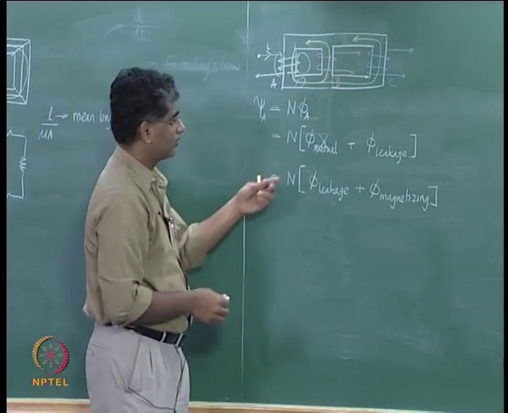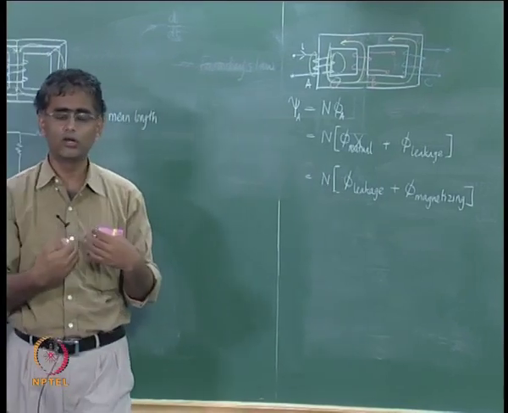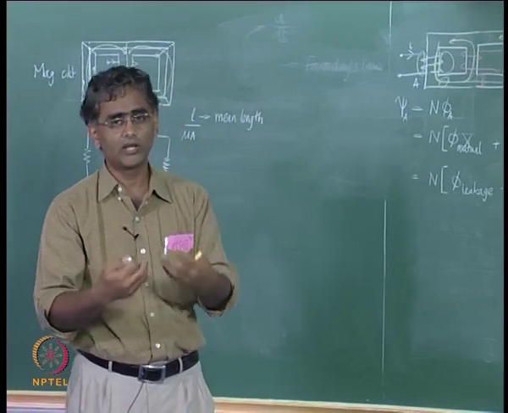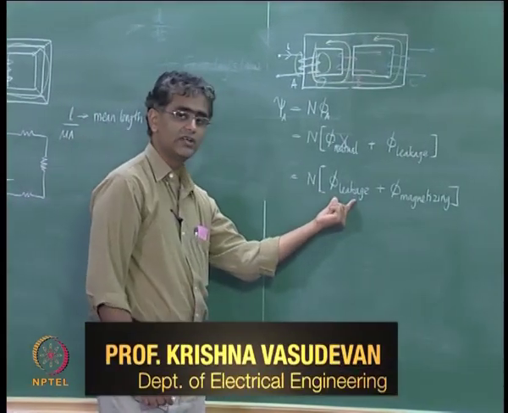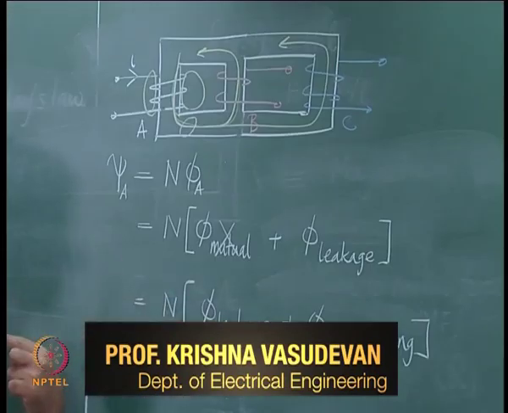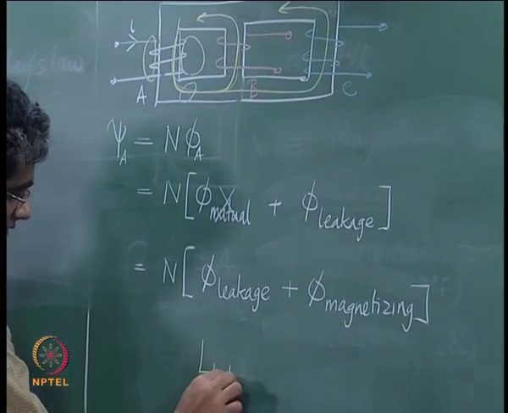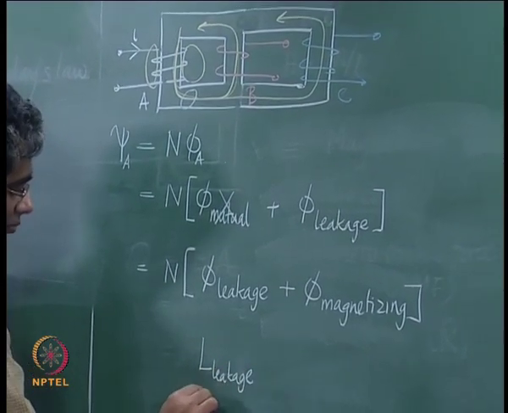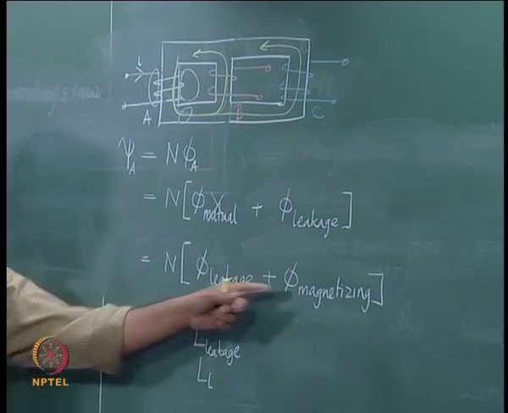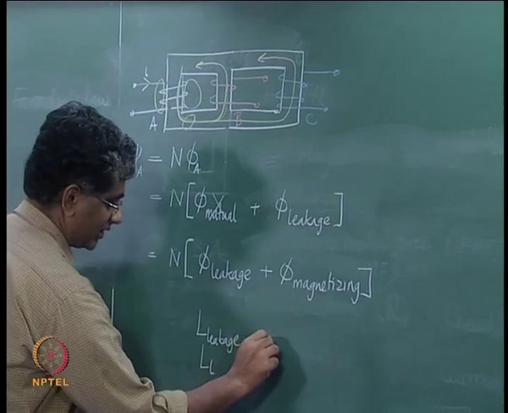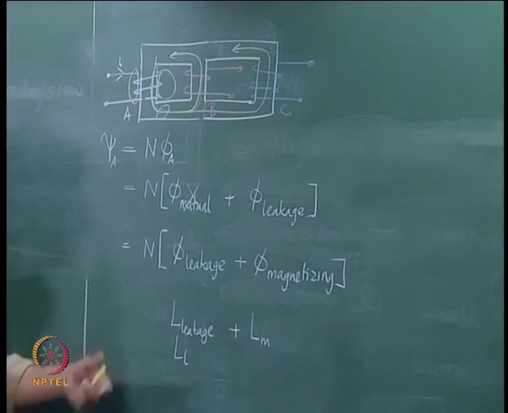And therefore you know that the effect of flux is what is felt on the electrical circuit, or defined from the electrical circuit side, as an inductance. So this leakage flux on the electrical circuit is represented as a leakage inductance, L leakage, normally called LL, and this part is then represented as Lm, which is the inductance for magnetizing.